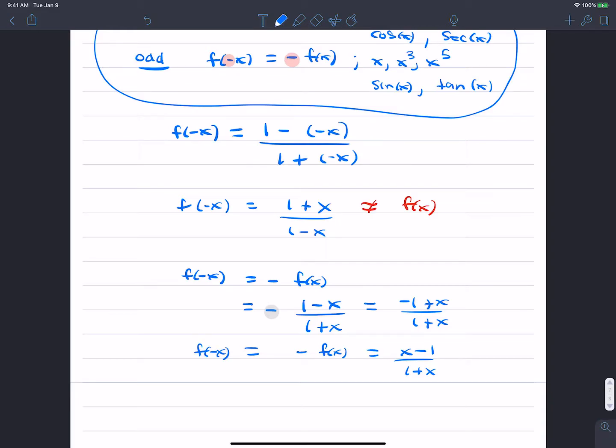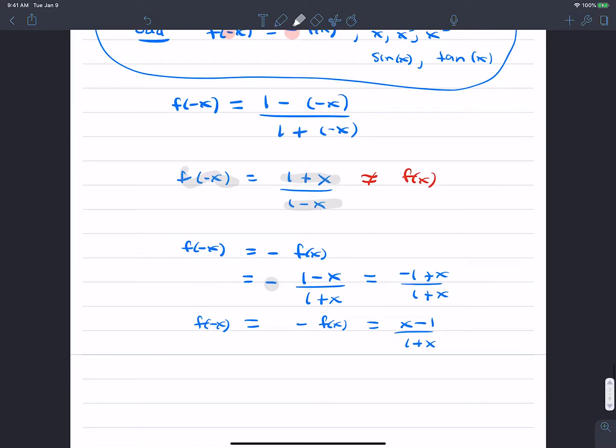So as we can see now here, f of minus x, is that the same as minus f of x? Well, what's f of minus x? That's right up here. Let's go back. Here's my f of minus x, which is 1 plus x over 1 minus x. Okay? So if you want to put the negative sign in the bottom now, maybe you say you want to do that.